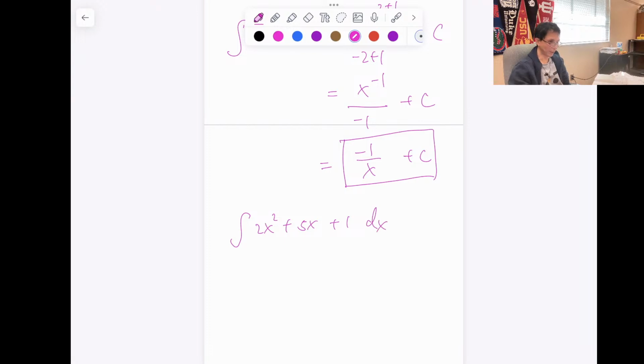So it's just x. So how do I integrate this? The thing is still negative. We can break it up into 3 integrals, all right? You do them each separately. Yep, you do them separately.